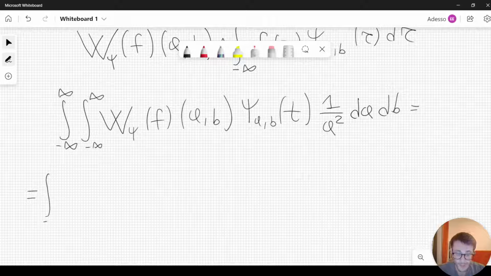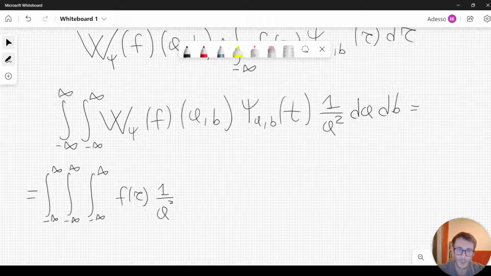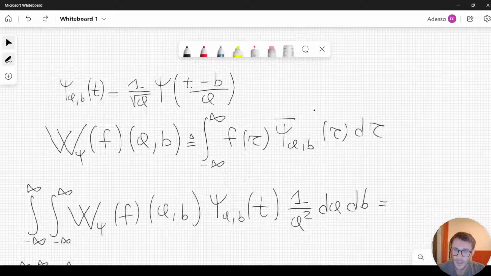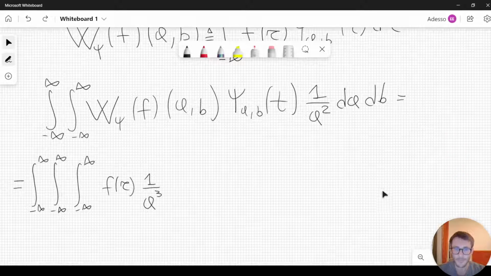So here I have integral from minus infinity to plus infinity, three times, and then I have f of tau times 1 over a cubed. I have a cubed because I have 1 over square root of a here and here, so that will become 1 over a, and then I multiply it by 1 over a squared, and that's of course 1 over a cubed.